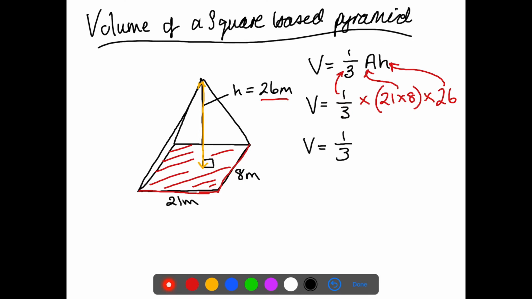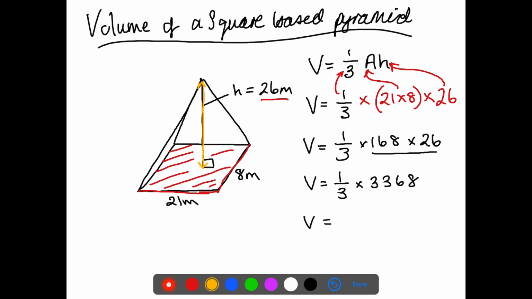So now V equals 1/3, and if I multiply 21 times 8, it gives me 168 times 26. Now, all I need to do is times these two together. That will give me 4,368. Okay, and all I need to do now is find a third of this, because it's a third times that, meaning I find a third of it.